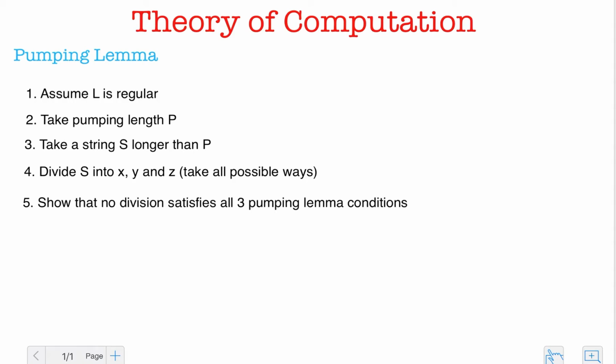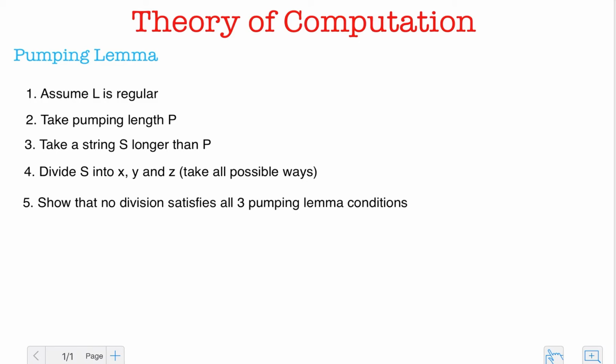I just need to find one I value. And the third condition was that the length of x, y put together should be less than or equal to p. So lastly, I just show that no division of S into X, Y and Z is going to satisfy all three of my pumping lemma conditions.